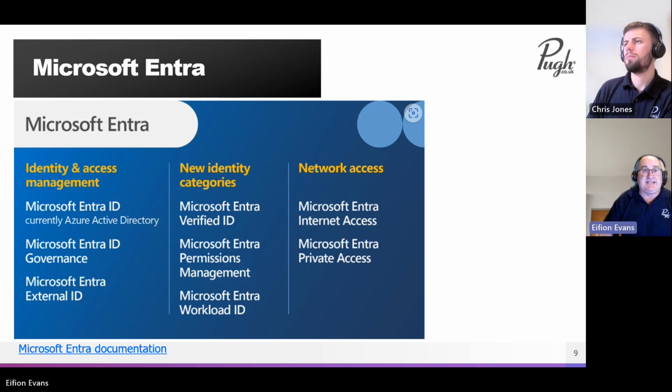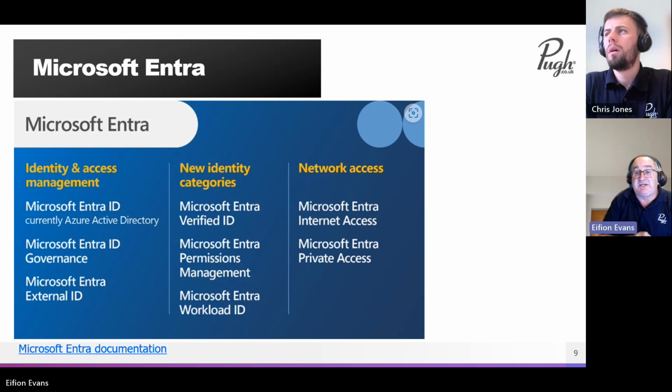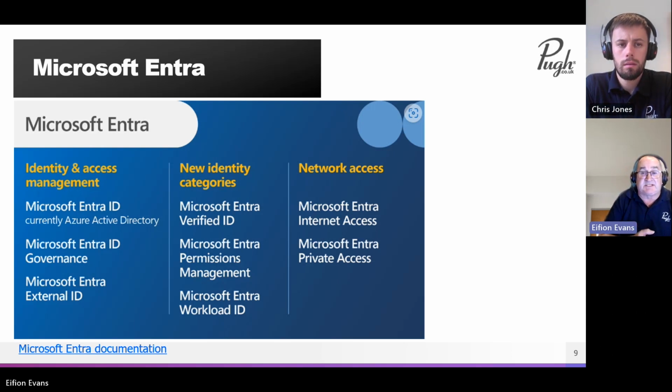Then just to complete the picture, there's Entra External ID, which allows you to manage external users and partners. Entra ID governance to protect, monitor, and audit access to your network.